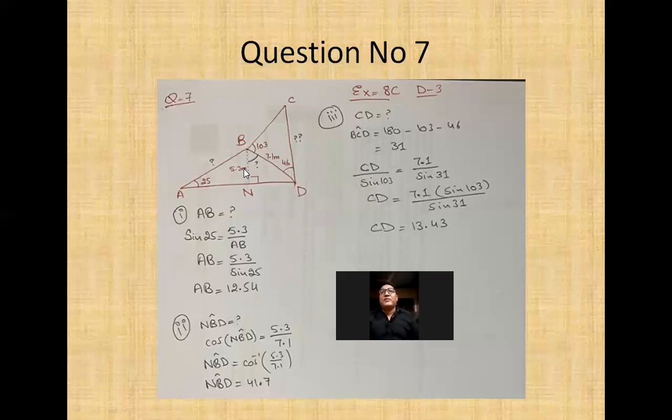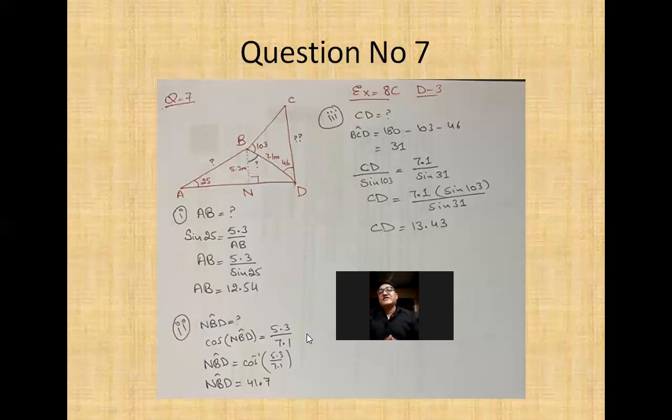The base is 5.3. Hypotenuse here is 7.1 meter. So I can find the angle. So cos NBD will be equals to base by hypotenuse. That will be 5.3 divided by 7.1. So if I will make the NBD angle alone, the cos will go on the other side and it will become cos inverse.